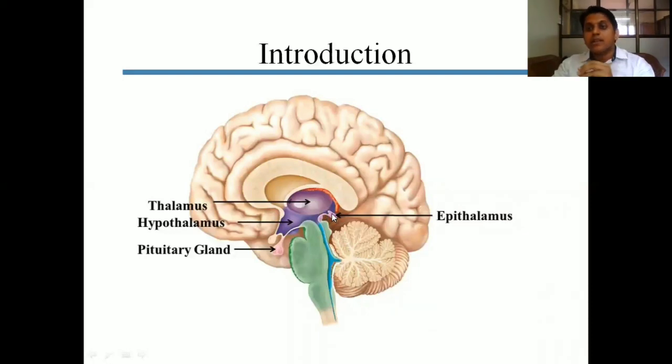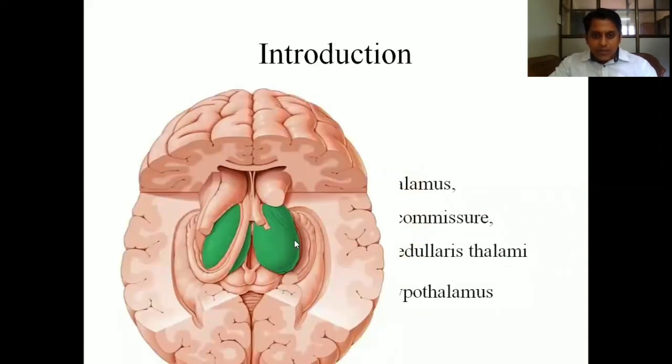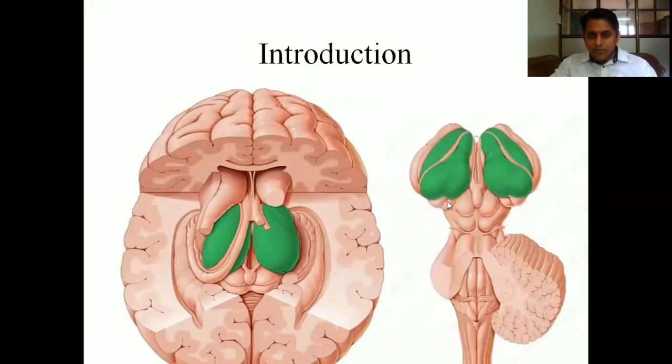I said metathalamus. So what does the metathalamus include? The epithalamus includes this pineal gland. The metathalamus includes the bodies present just beneath the thalamus along its posterior side. Here you can see the two bodies, the medial geniculate body and lateral geniculate body.